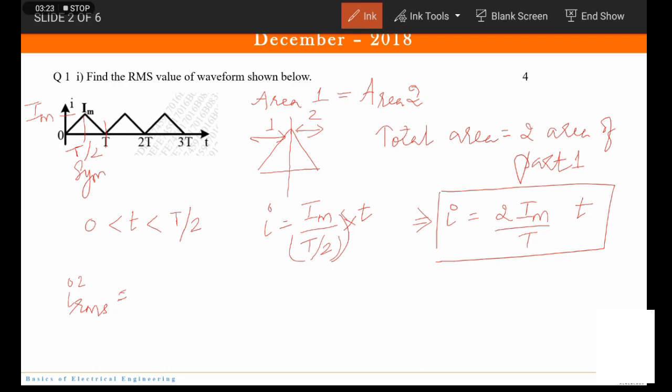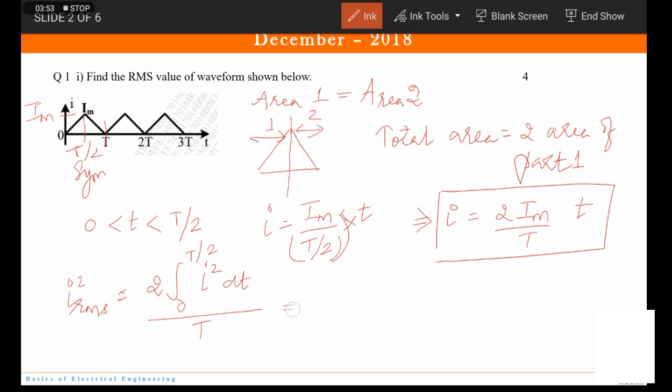So I square RMS will be twice the area, where the limit is 0 to T by 2, and here the current square has to be taken. Now this has to be divided by the total area. What is the total area? It is T, because I am calculating the area for one full cycle.